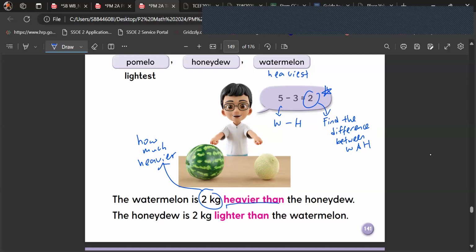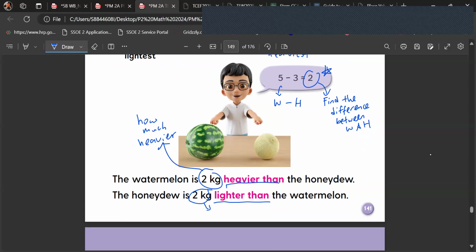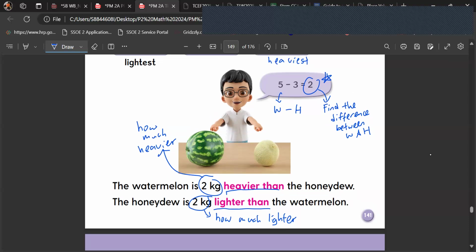And then these 2 kilograms with the lighter tells you that the honeydew is lighter than the watermelon, and exactly how much lighter, is 2 kilograms lighter. That means if you take away 2 kilograms from the watermelon, it will be the same as the honeydew. If you add 2 kilograms to the honeydew, it will become the watermelon.